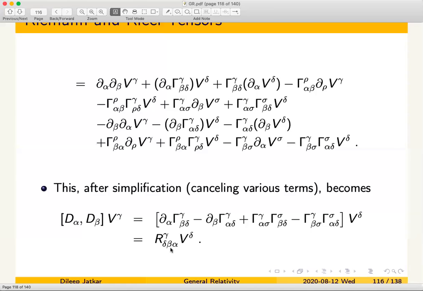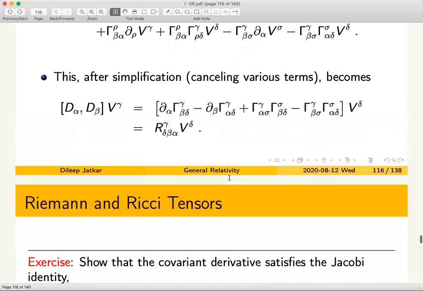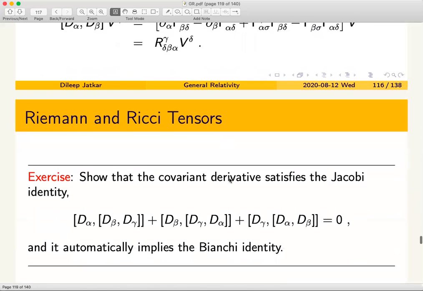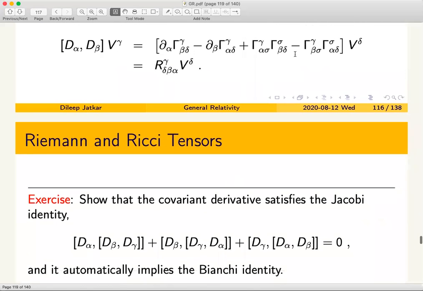Similarly here, gamma is the connection and R is the curvature of that connection. Exactly the way we found in electrodynamics, that the commutator of two covariant derivatives gives you the field strength or curvature, here also we find the commutator of two covariant derivatives gives you the Riemann tensor. Fine. This is something we have done explicitly.